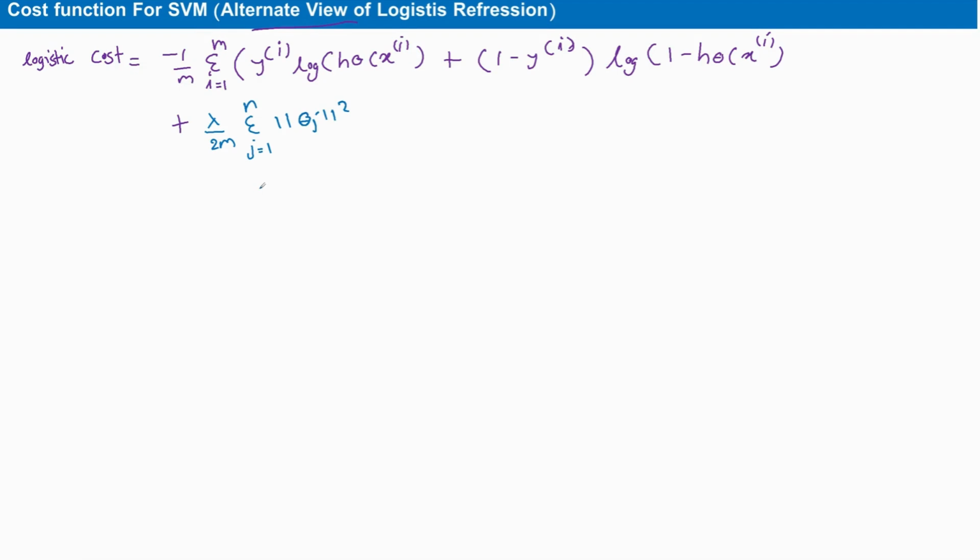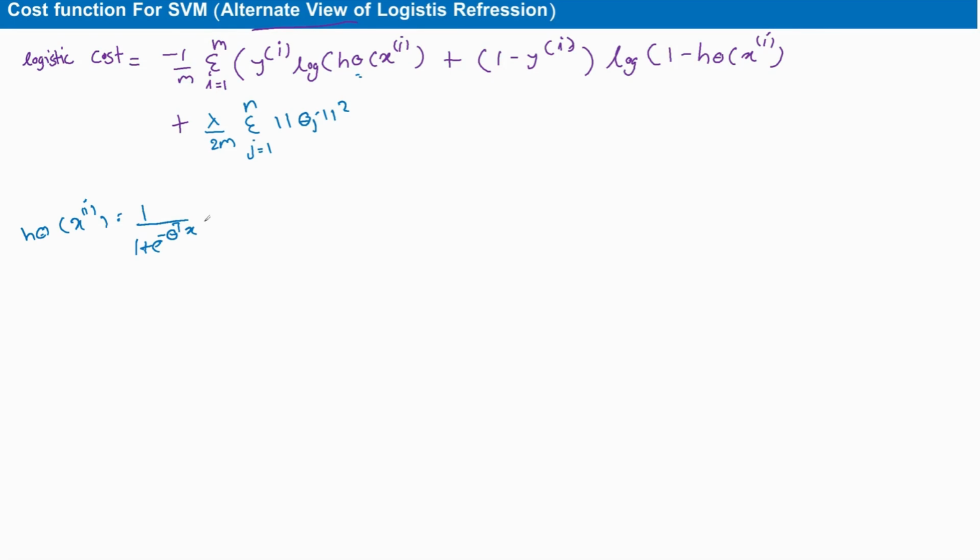So this is the overall cost function for logistic regression. If you substitute h_theta(x^i), it is computed as 1 divided by 1 plus e raised to minus theta transpose x.